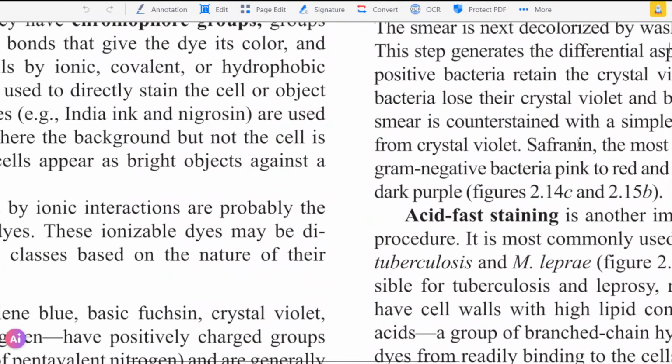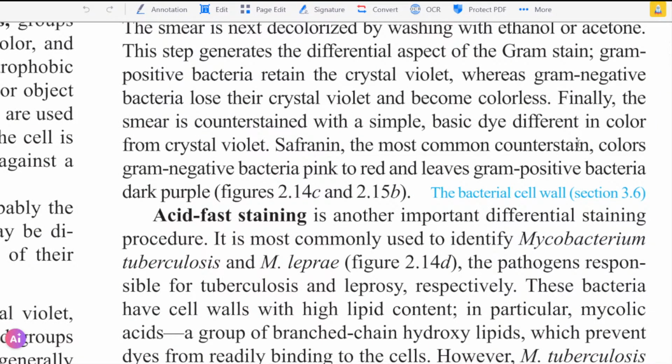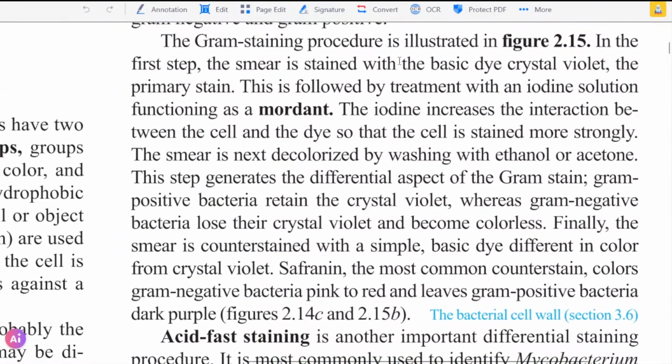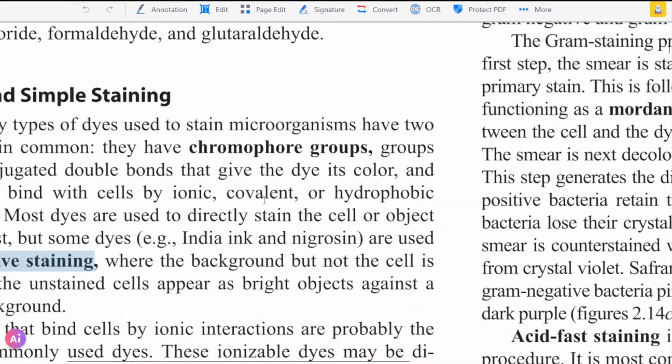I made a mistake earlier by mixing them up. Gram negative refers to the cell wall, while negative staining refers to staining the background. You can say the background is colored and the cell is not colored, so it is negative.